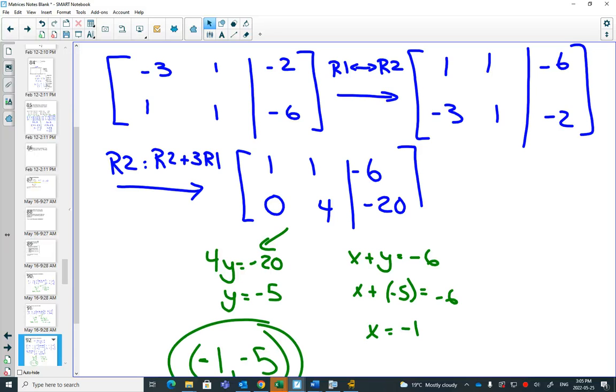Is it good practice to verify your answers in the equations that you were given? Yes, and you should also, so whatever answer I got, I would plug it in. Okay? If that answer didn't work, then you can look for your error. Looking for your error is a very frustrating endeavor in matrices. Okay?